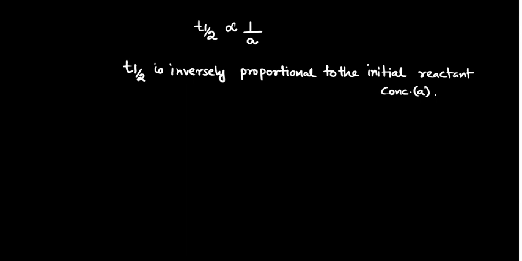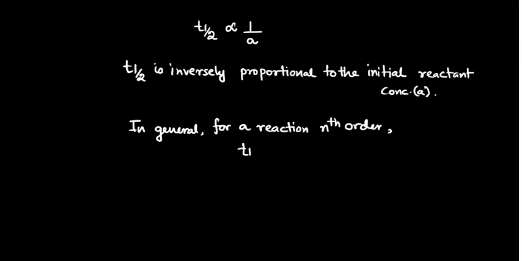So we can write in general, for a reaction of nth order, T half is proportional to 1 by A to the power n minus 1. So here n represents the order, and A is the initial concentration, right?